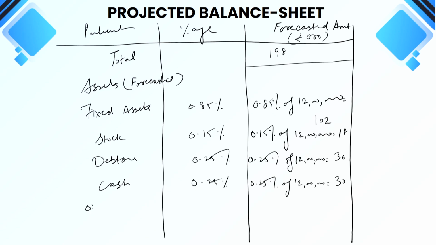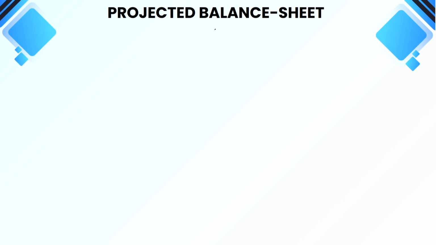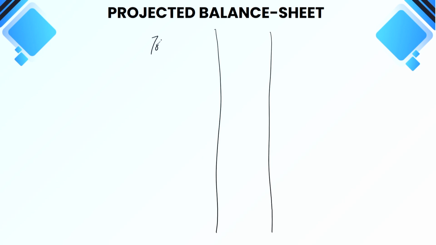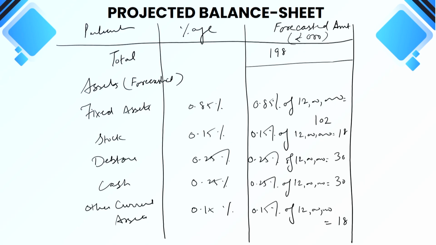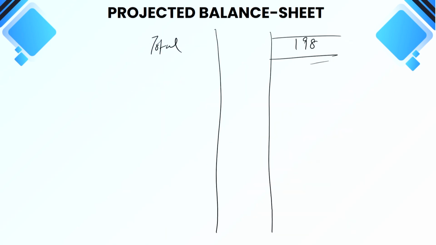And the last is other current assets, as we just computed it would be 0.15%. So 0.15% of 12 lakh comes to rupees 18,000. So making the total of the asset side, we got the figure of 198. You can see the total of the liability side is equal to the total of the asset side.